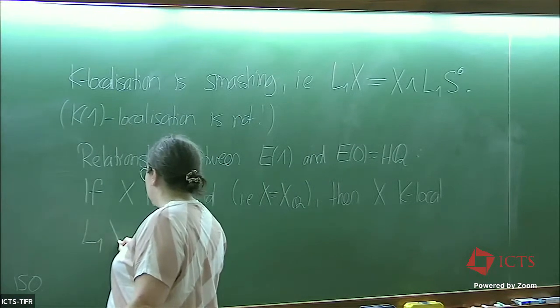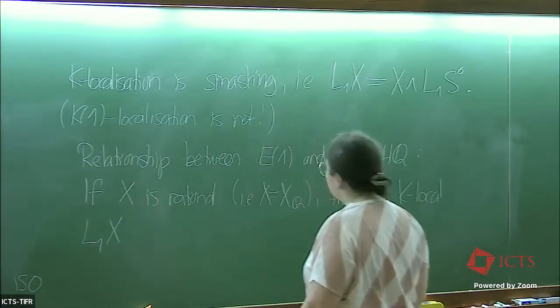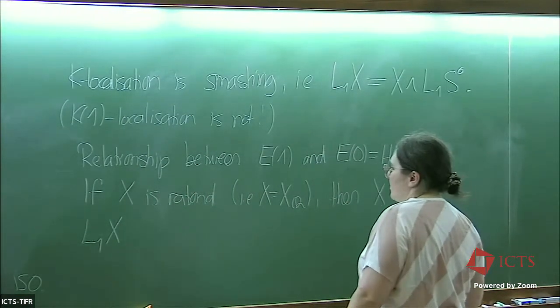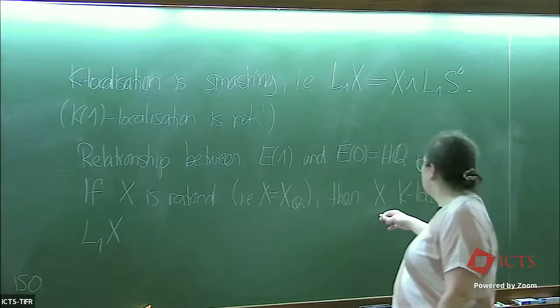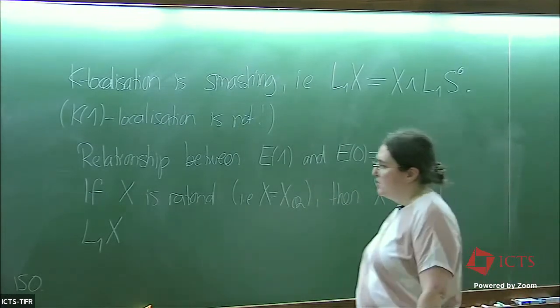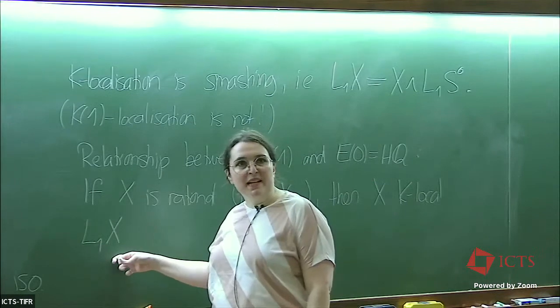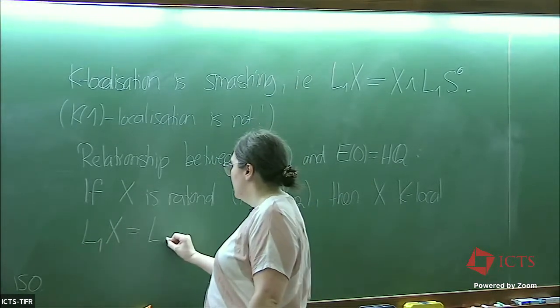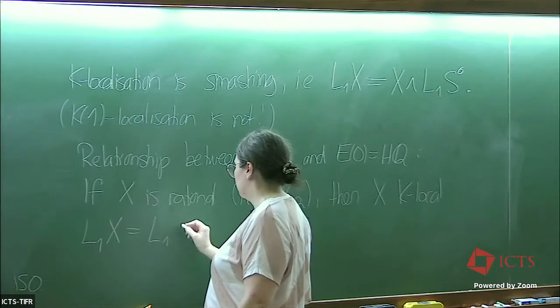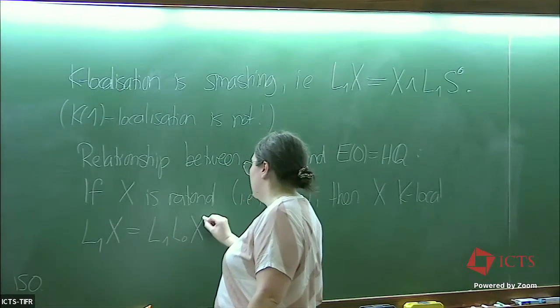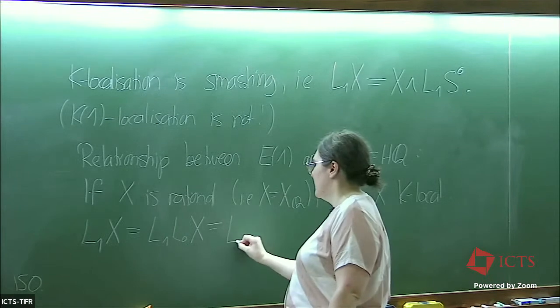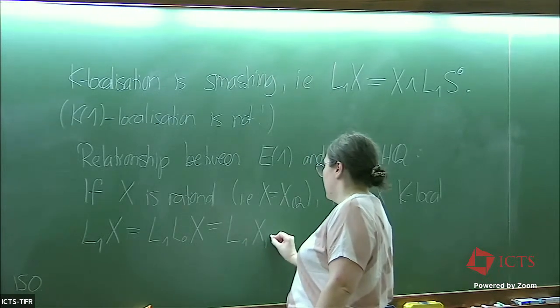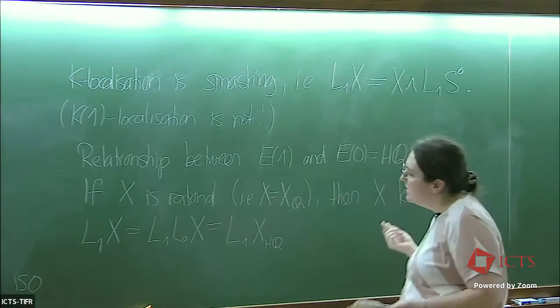So if X is rational, I would like to prove that X is K local. So I would like to prove that that one just equals X again. But because it's already rational, I can write down that, which is just the same as that.